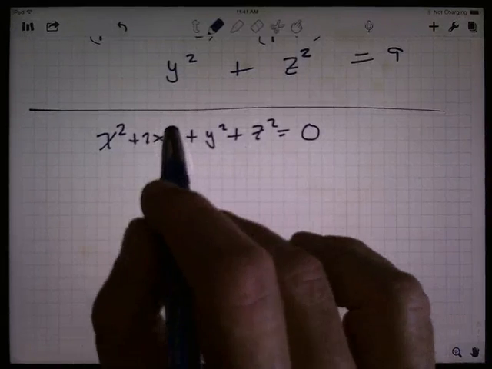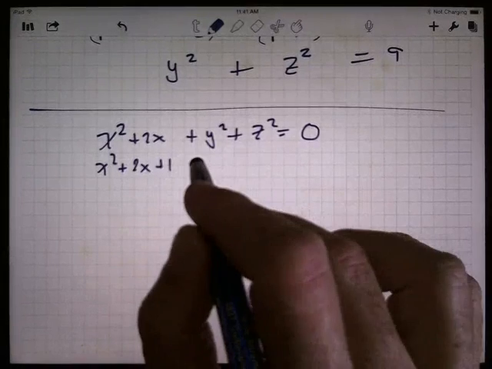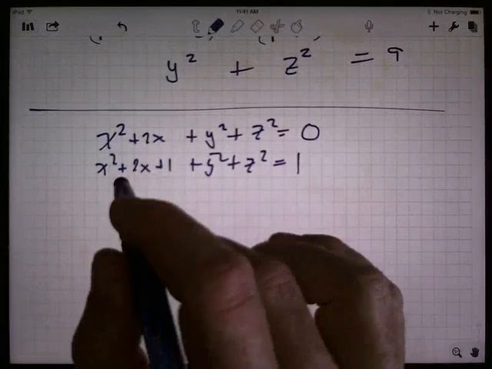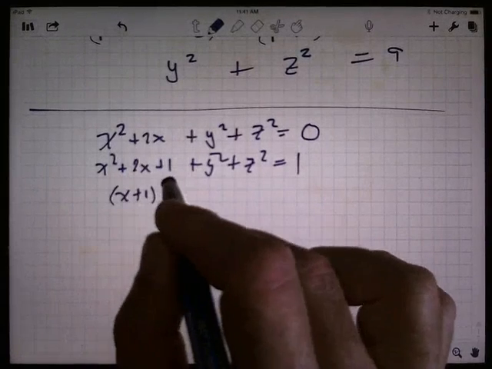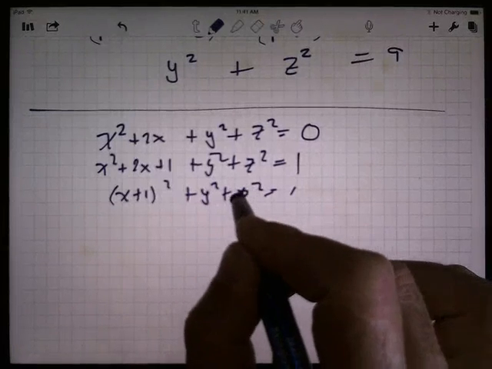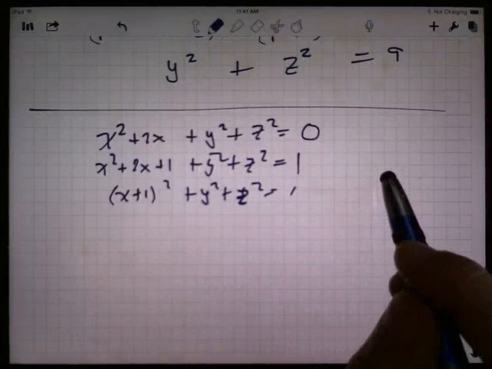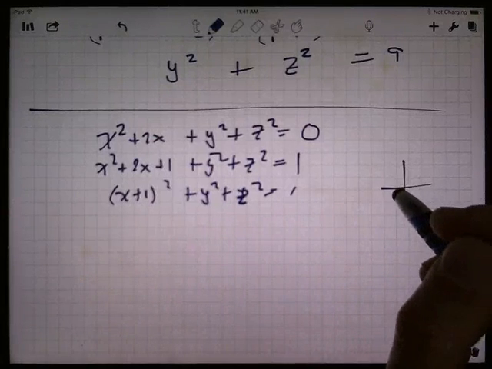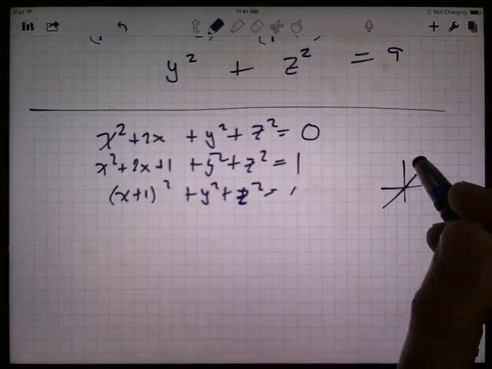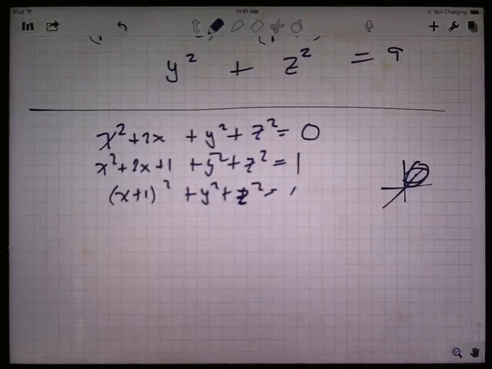In fact, it is a sphere, because if I complete the square here, x squared plus 2x plus 1 plus y squared plus z squared equals 1. So add 1 to both sides. I've got x plus 1 squared plus y squared plus z squared equals 1. So I have some idea that that's a sphere of radius 1 centered at -1, 0, 0. So back 1 on the x-axis here, sphere of radius 1. So it just touches the origin there, right?